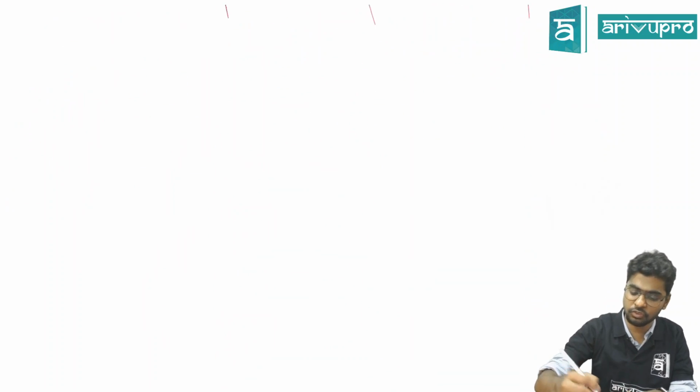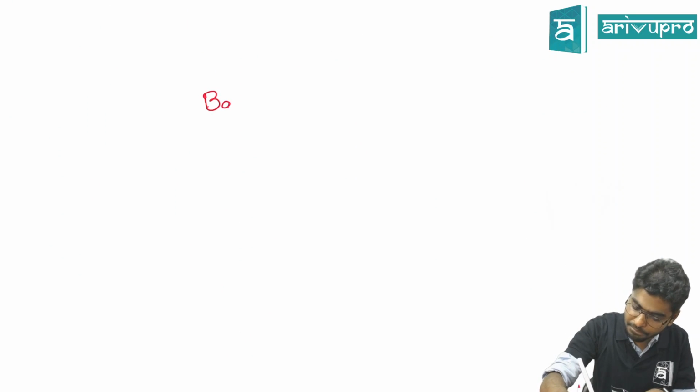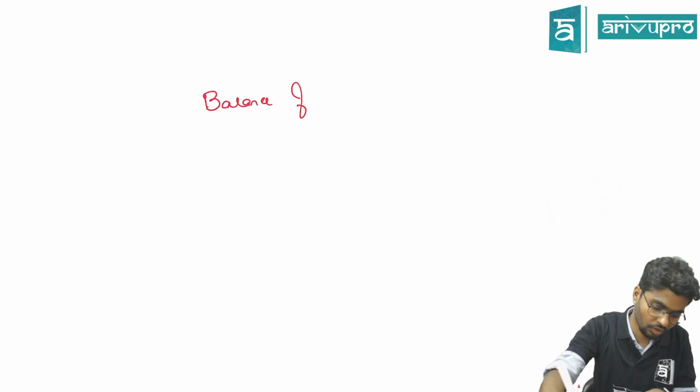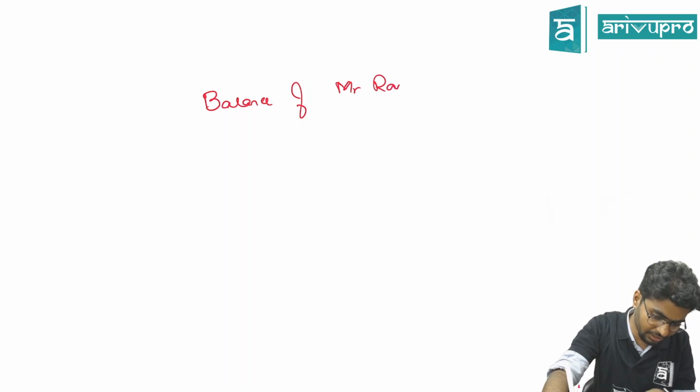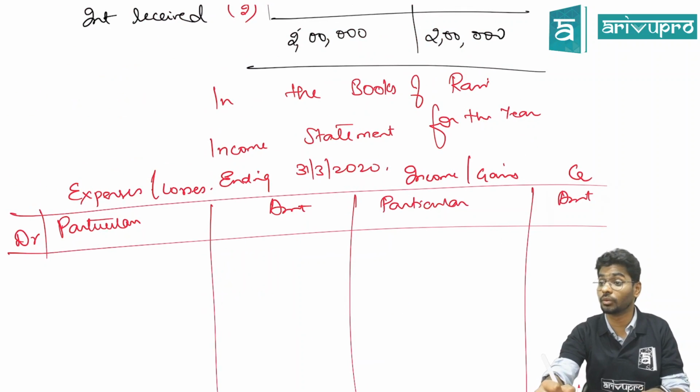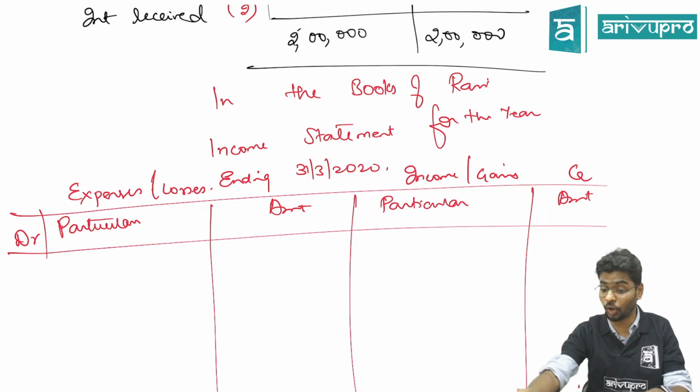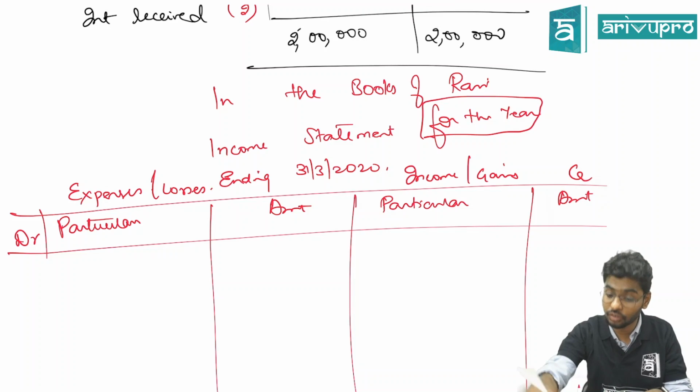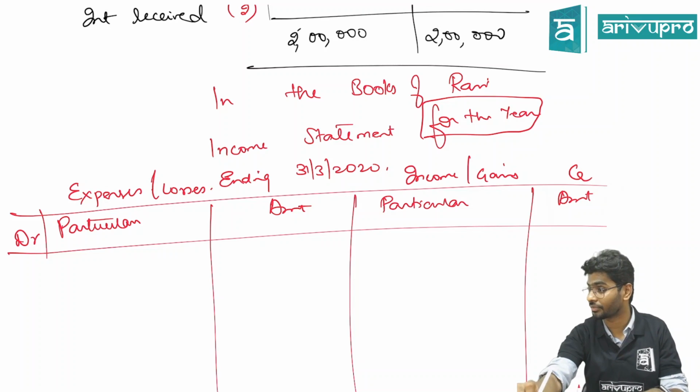Then the next format, we say balance sheet of Mr. Ravi as on. Please remember, for the income statement, what did I write? For the year ending. Why?